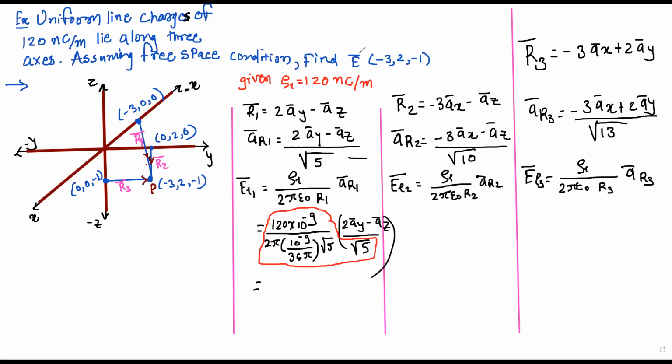432. Correct. 432 is the answer. 432 into bracket 2 a bar y minus a bar z.